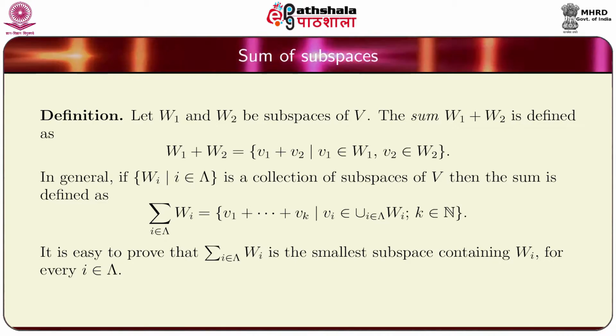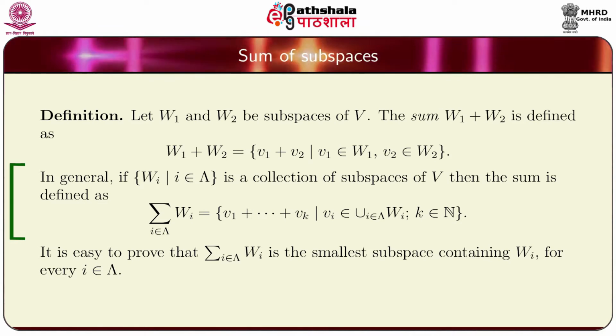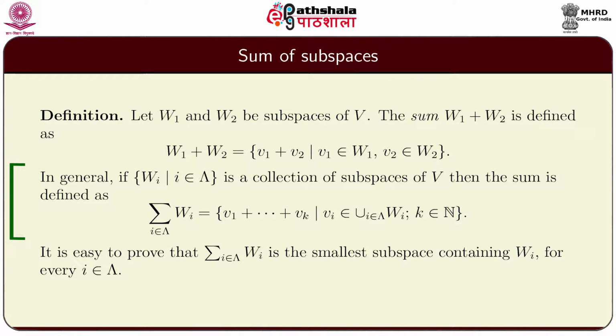So, first we defined the sum of two subspaces, and then we extended that definition to the sum of a family of subspaces. You can see that the set lambda is an index set, and this index set could be finite, could be infinite, could be countable, uncountable, anything.